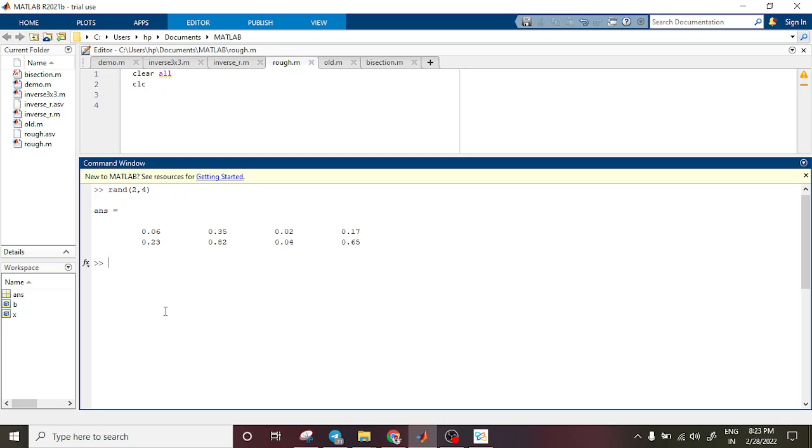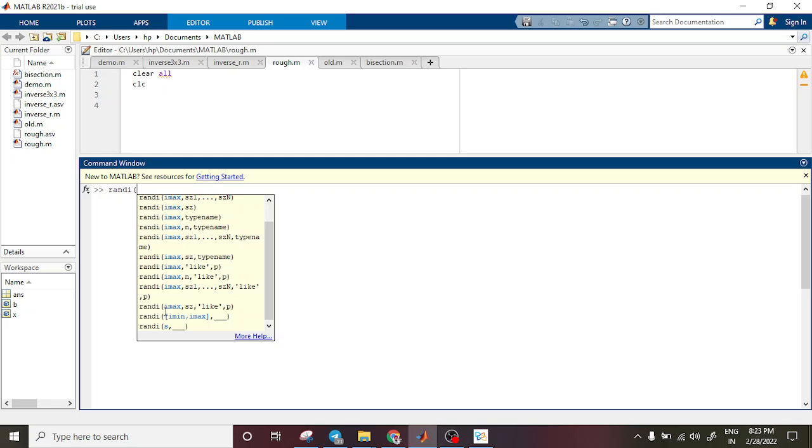For example, CLC, so RANDI. RAND is random, I is integer, so this is a random number but an integer.